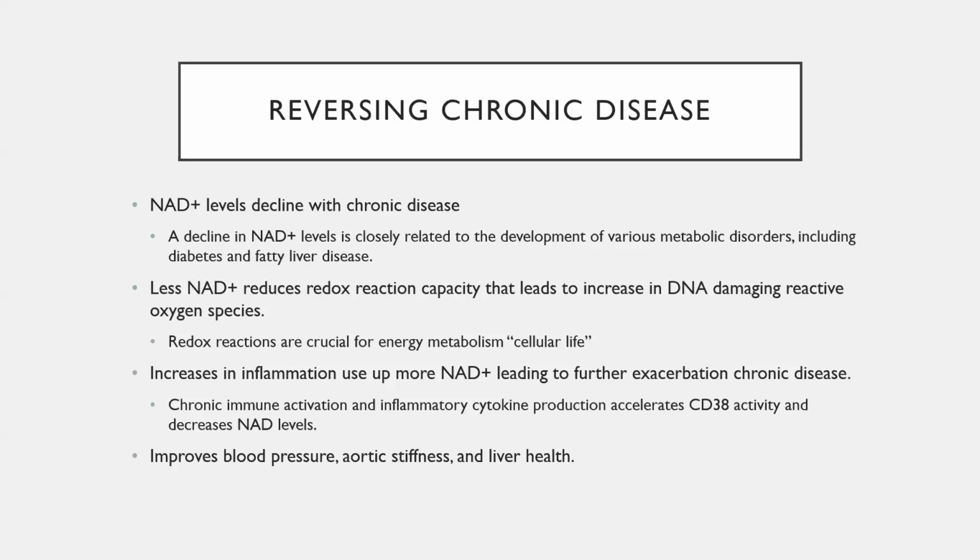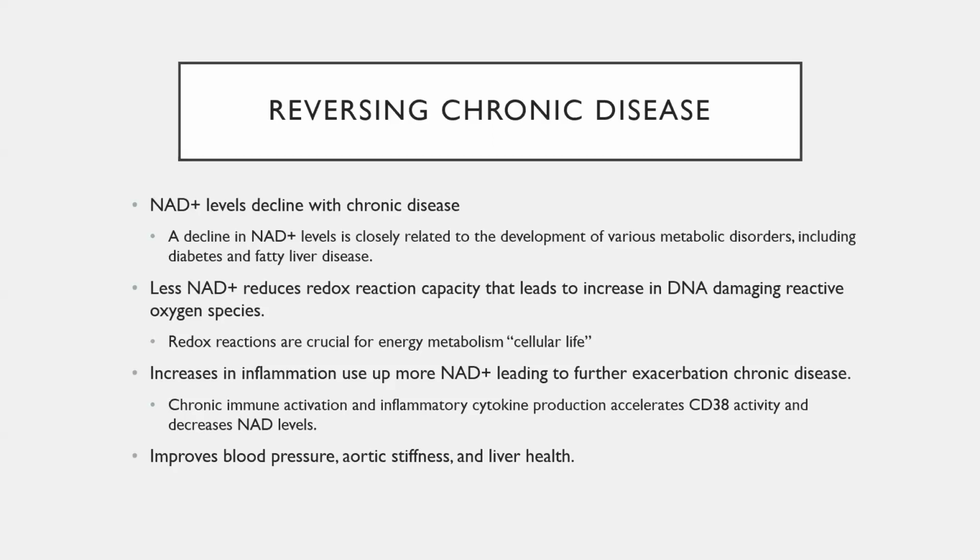As there's increased inflammation in the body, more inflammatory states are going to require more NAD. So the more inflamed somebody is, unfortunately, the lower their NAD levels are going to be, which is just going to make the body weaker and exacerbate an illness.